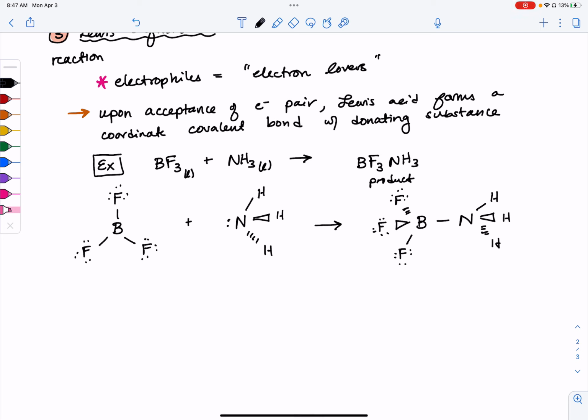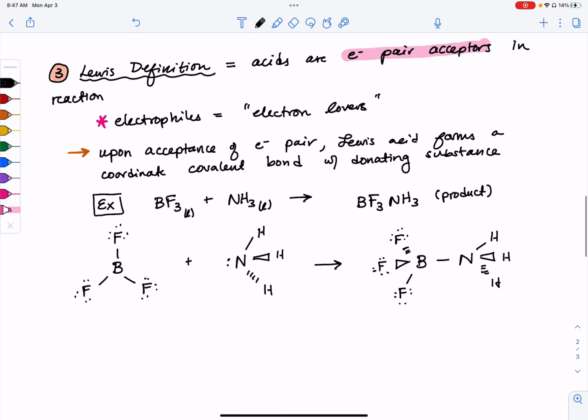All right. So again, what on earth makes this an acid-base reaction? Or even just, where's the acid? So if we think about what's going on according to the Lewis definition, acids are electron pair acceptors. So let's identify the electron pair that seems to be donated in this reaction.